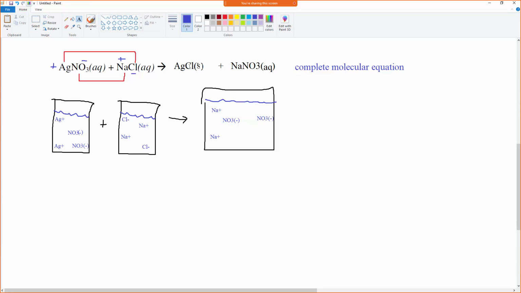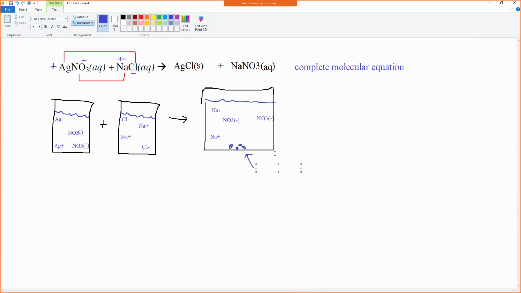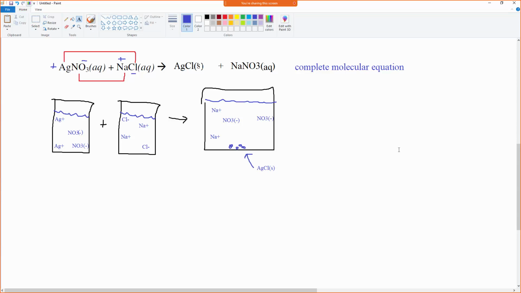But my silver chloride is now a solid, and that's down here at the bottom. You can draw it as little solid pieces, or point to it and say, this is AgCl solid. Does everybody understand that representation of what's going on here?